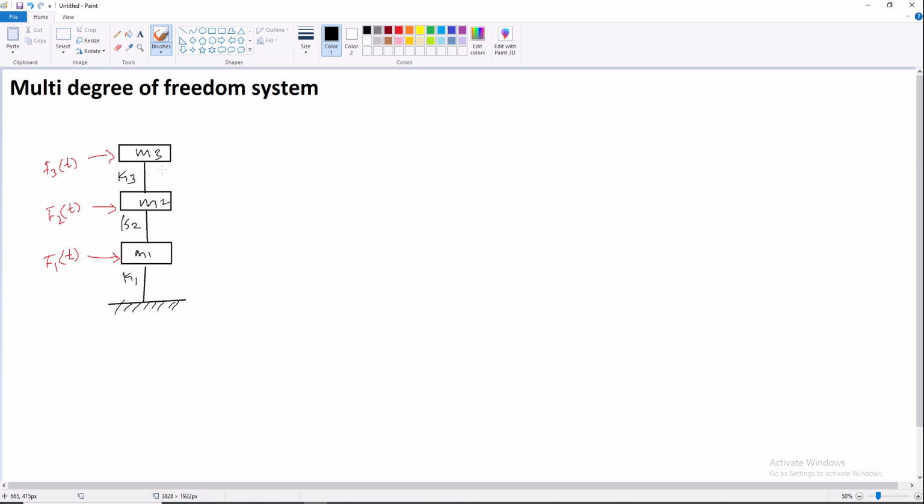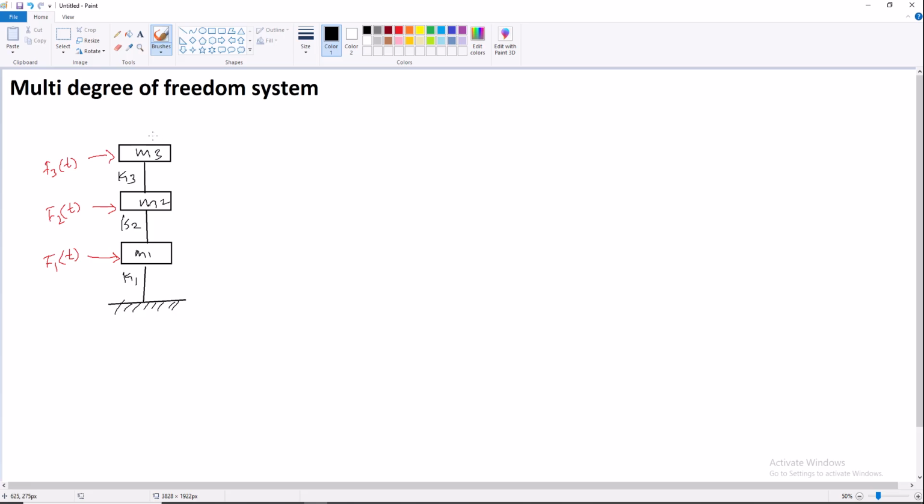Once these floor levels are experiencing the force with respect to time at each floor level, each of these masses will deform.